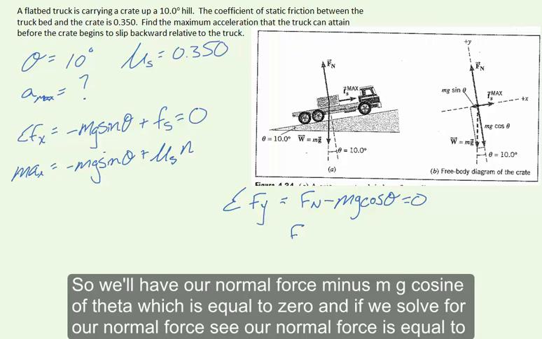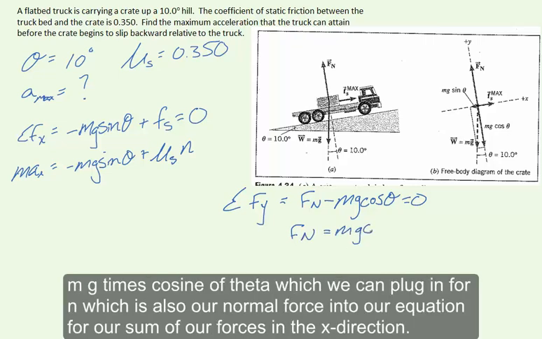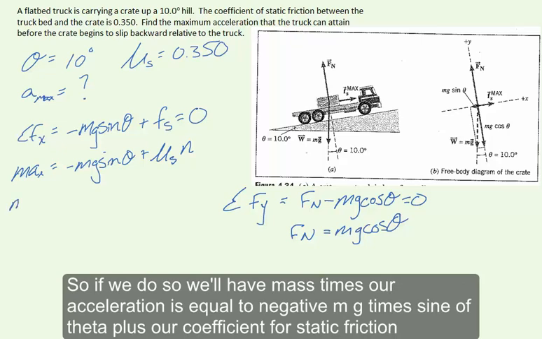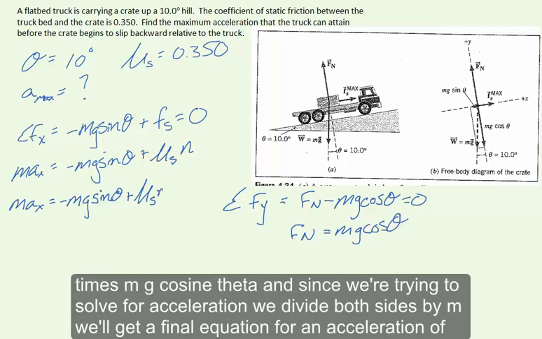If we solve for our normal force, it is equal to mg times cosine theta, which we can plug in for n into our equation for the sum of our forces in the x direction. So we'll have mass times acceleration is equal to negative mg sine theta plus our coefficient of static friction times mg cosine theta.